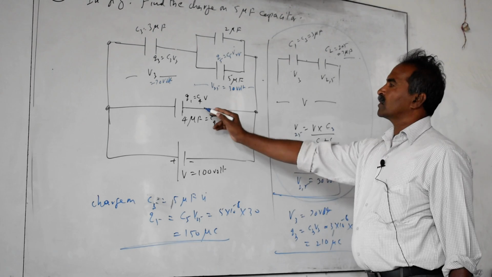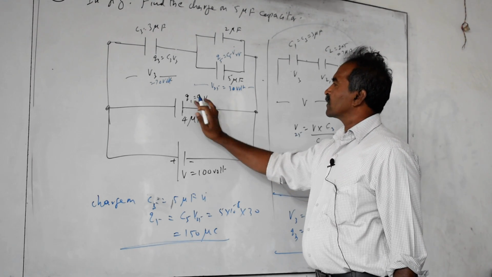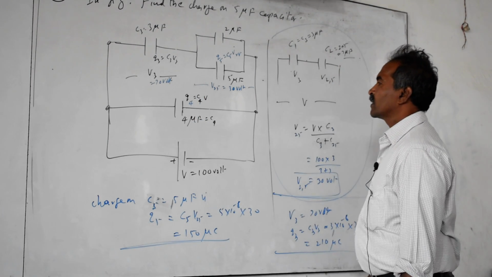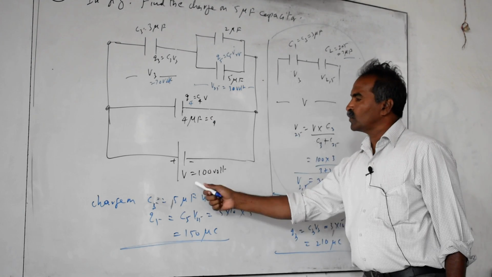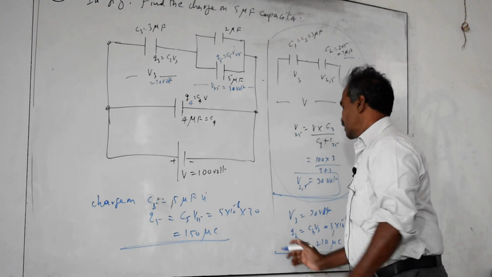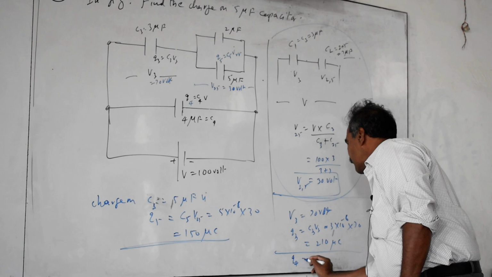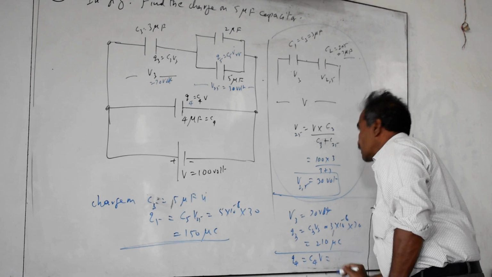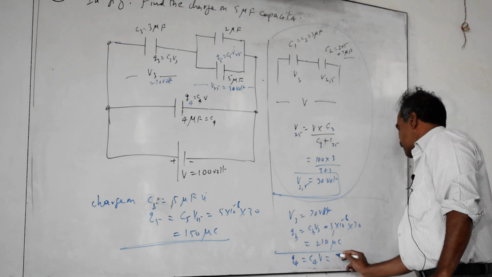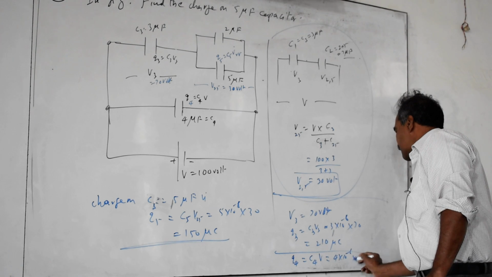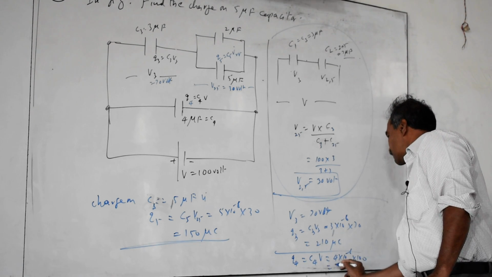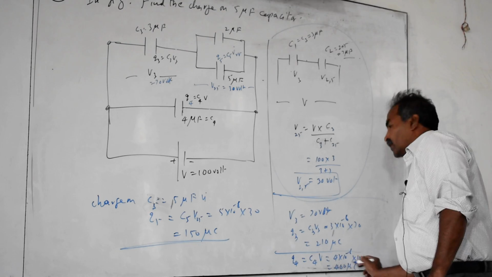And what about Q4? I will take this as Q4. The voltage across this is V only, the whole voltage. So Q4 equals C4 into V, that is 4 microfarads, 4 into 10 to the power of minus 6 into 100 volts, which is 400 microcoulombs.